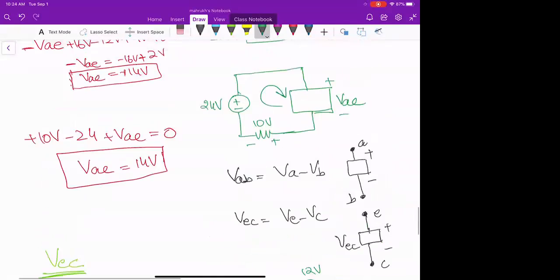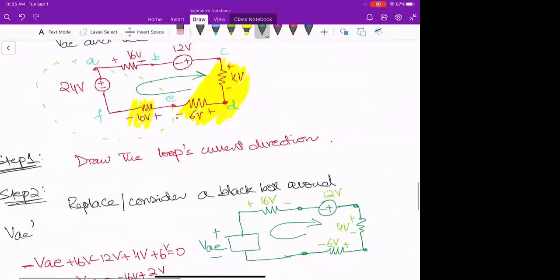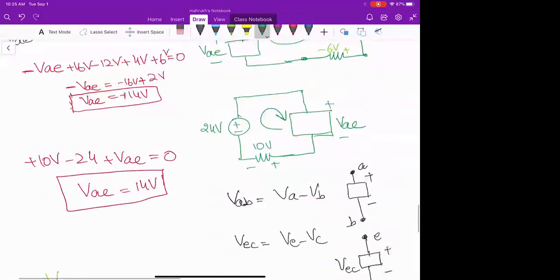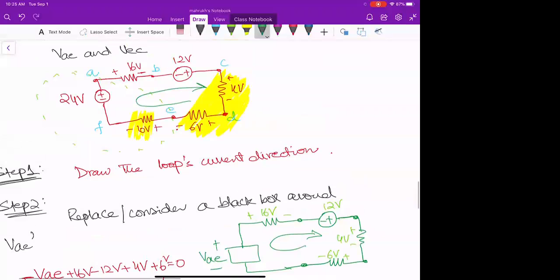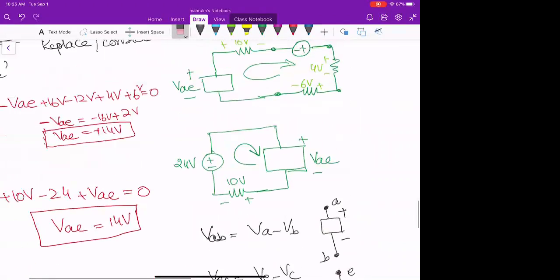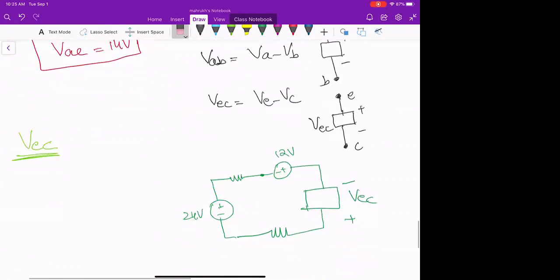Why is there only one resistor on the bottom? Yes, it should be another. No, yes, because now I am thinking about VEC, right? Oh, okay, yes. Okay, so 24 volts and 16 volts.